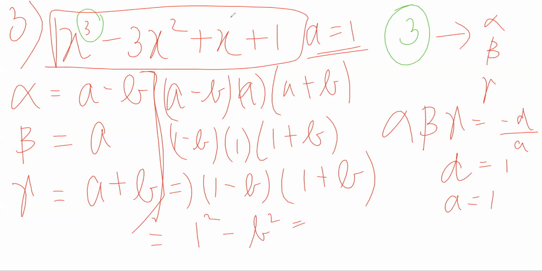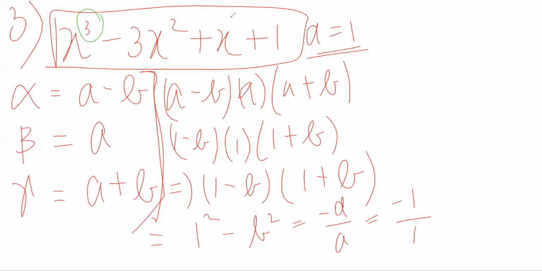So this is equal to minus d by a. What is minus d by a? Minus of minus 1 by 1, which is equal to minus 1. So 1 square minus b square is equal to minus 1.